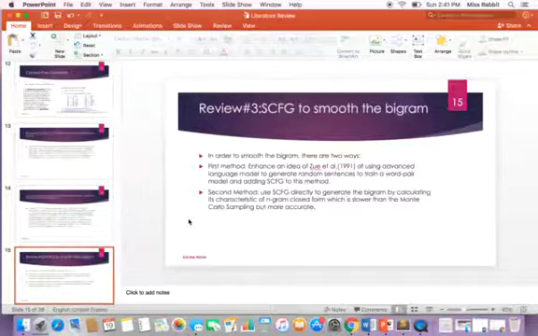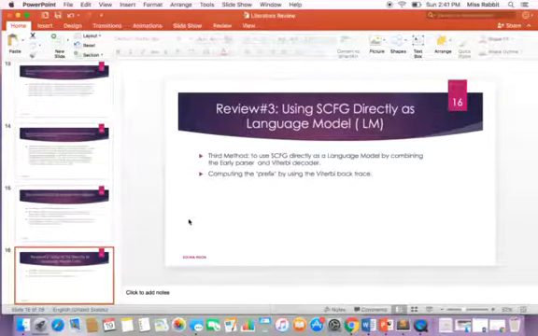The second method is to use SCFG directly to generate the bigram by calculating its characteristic n-gram in closed form, which is slower than Monte Carlo sampling but more accurate. The third method is using SCFG directly as a language model by combining the Earley parser and the Viterbi decoder, and also computing the prefix using the Viterbi backtrace.